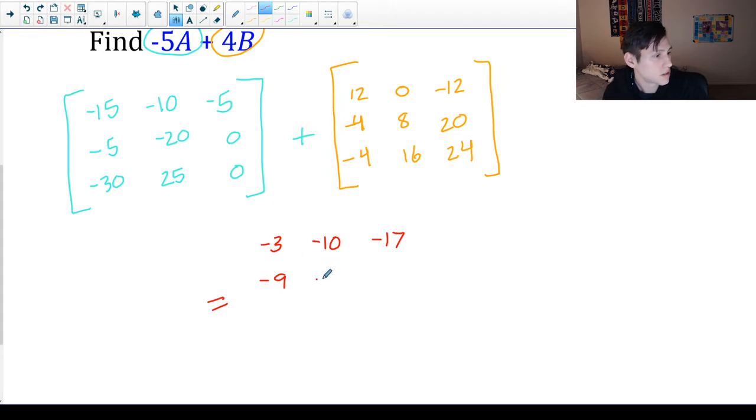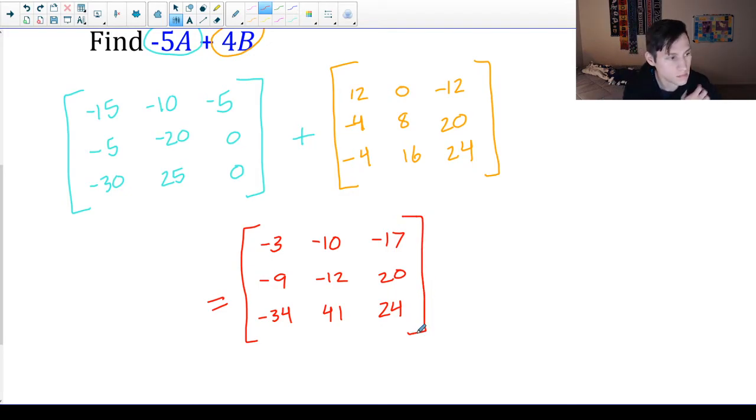Negative 20 plus 8, negative 12. 0 plus 20, 20. Negative 30 plus negative 4, negative 34. 25 plus 16, 41. 0 plus 24, 24. So there we go. There's my answer.